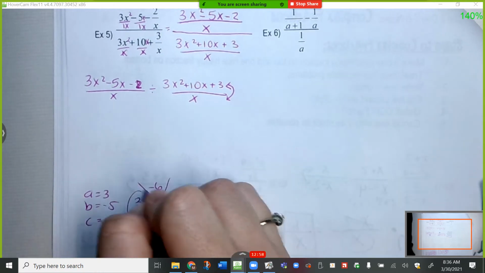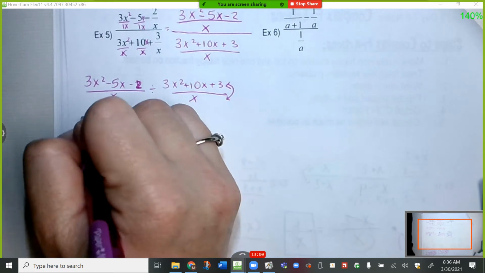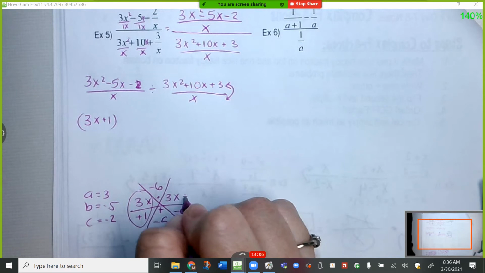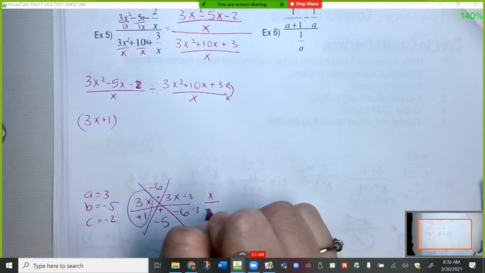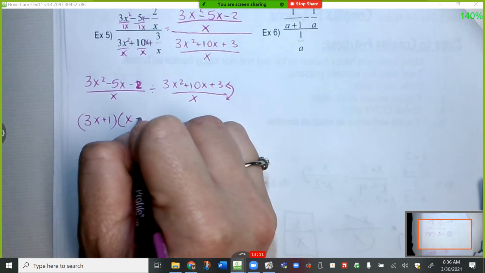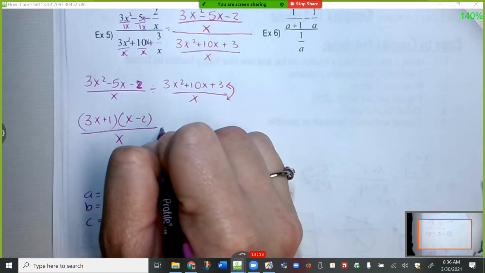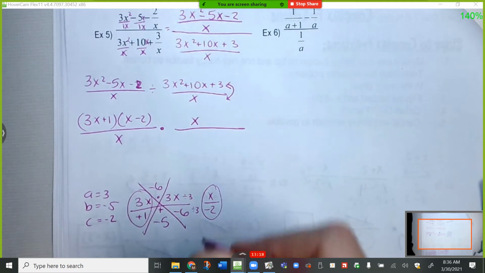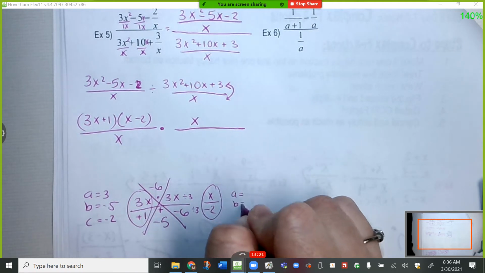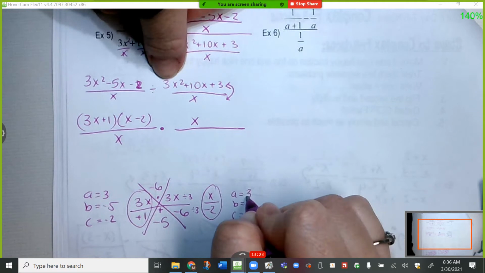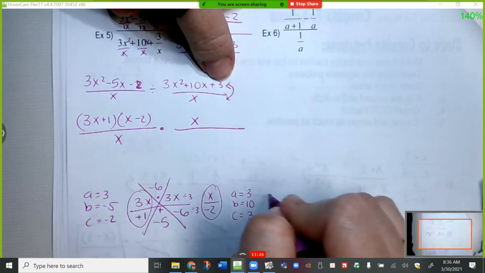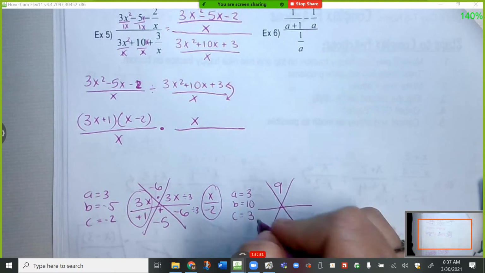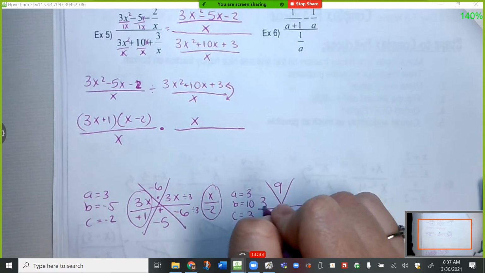Now, 3x over 1 does not simplify. So that's one of my factors. But remember, 3 over 6 does, because 3 goes into both of those, and I get x over negative 2. So that's my other factor. I'm going to go ahead and change this to multiply. I'm going to put the x on top, and I'm going to factor that one now. So A is 3, B is 10, C is 3. 3 times 3 is 9, B is 10, A is 3.